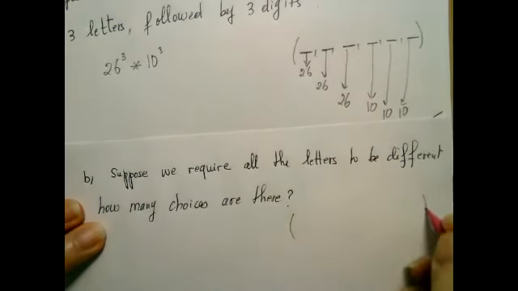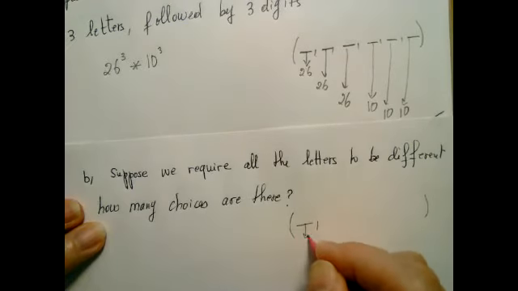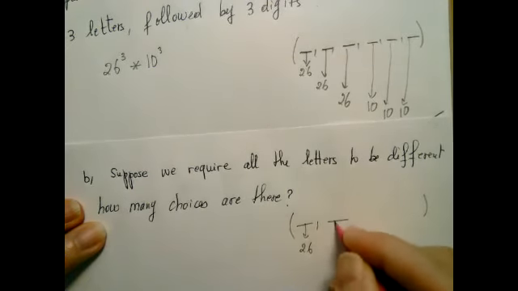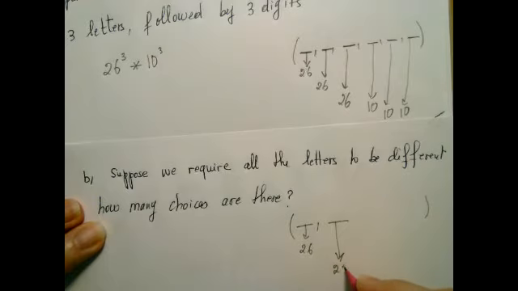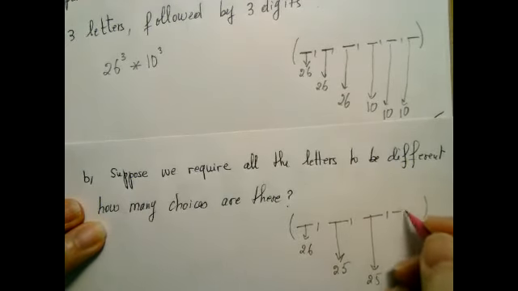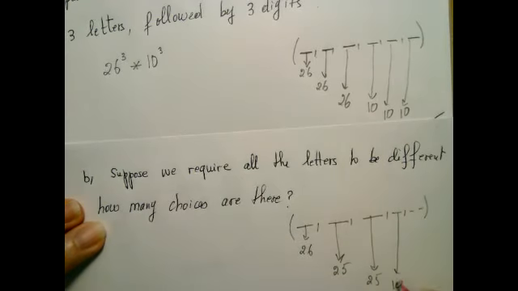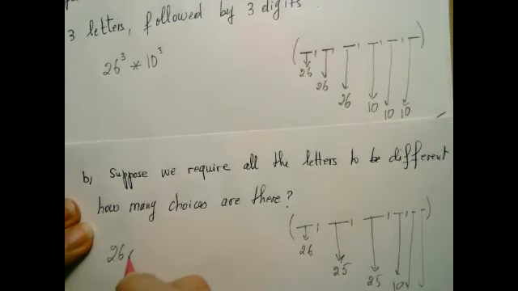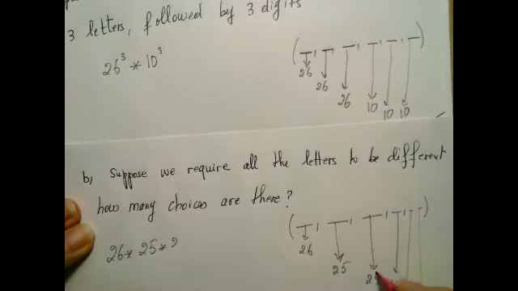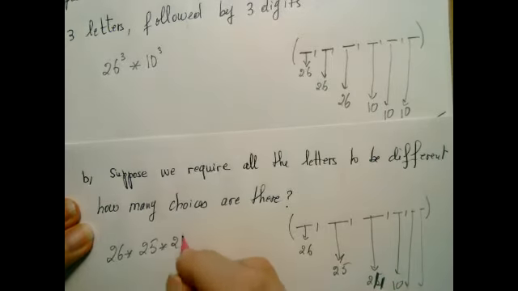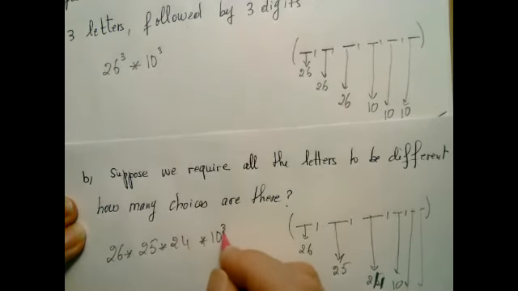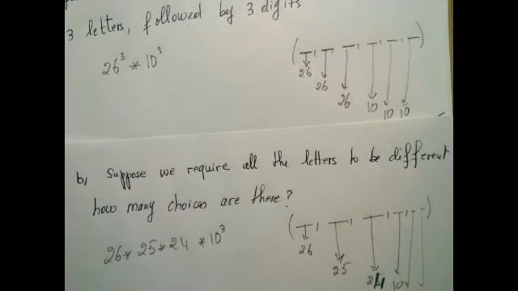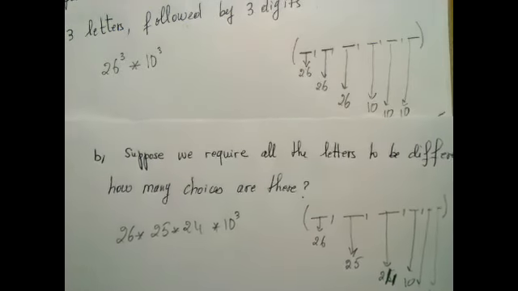So in this case, I have 26 for this, but now I don't have 26 choices for the next, I have 25, and the rest are 10, 10, and 10. So it's different. It's a little bit of variation. And my apology, that's 24 now. 26 times 25 times 24 times 10 to the power 3. Okay, so useful, but not hard.